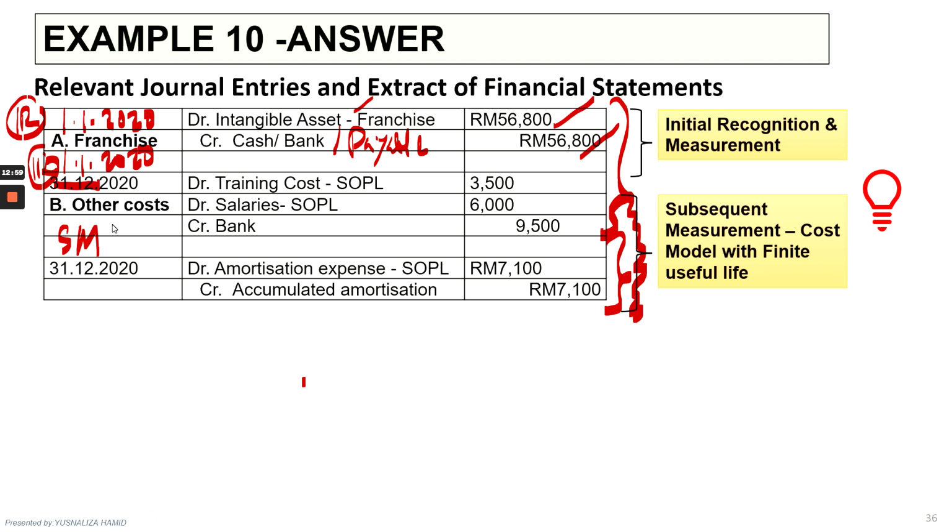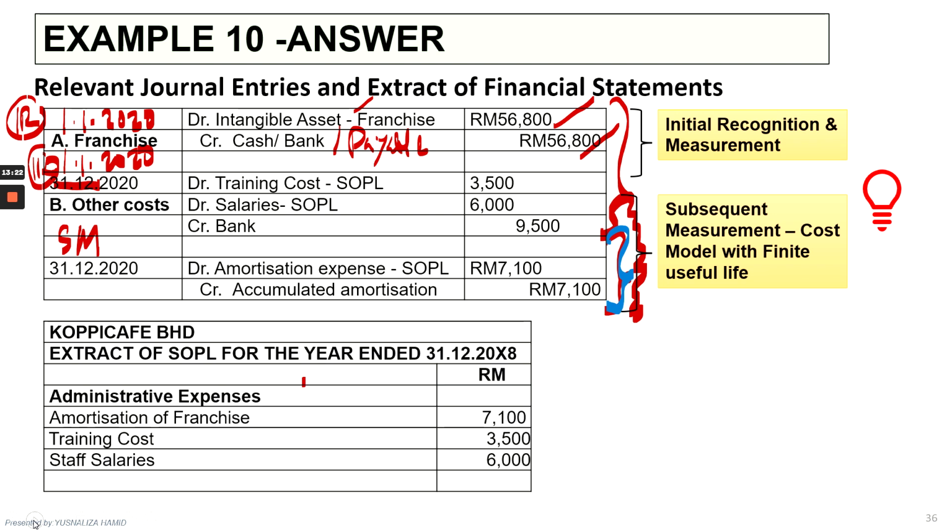So just make that correction, and you should be able to check that. And I'm going to put a different color so that you can differentiate between the two. So the one in blue here is for subsequent measurement. The one in red is for initial recognition and measurement.